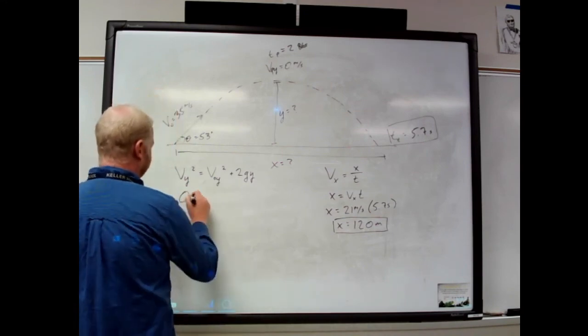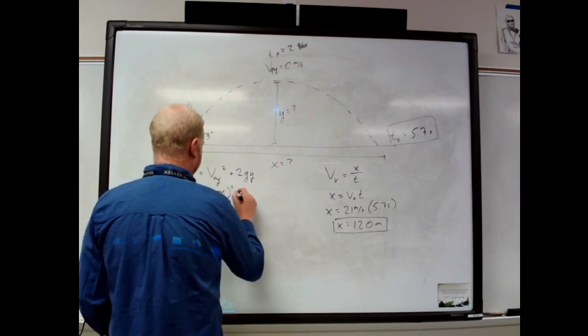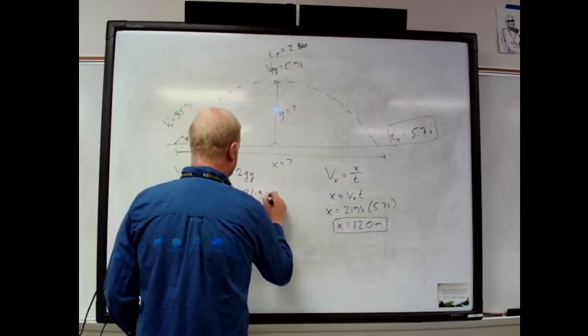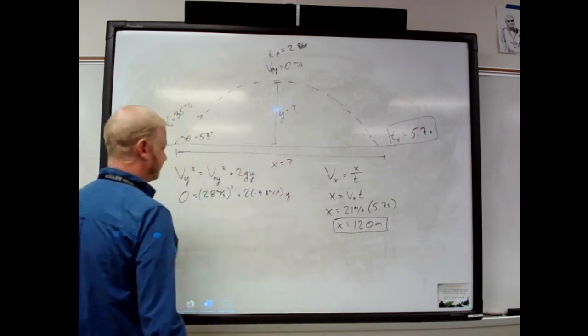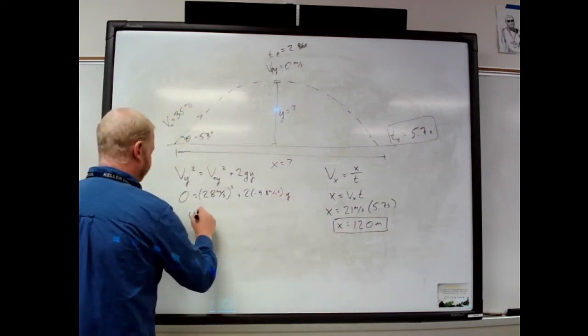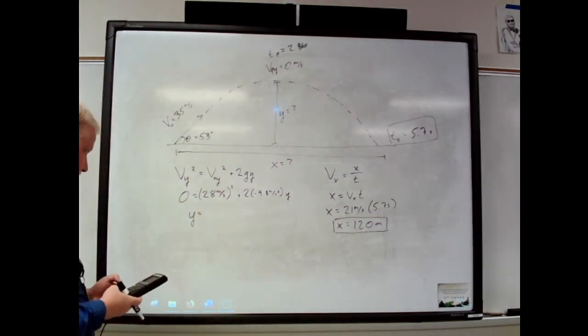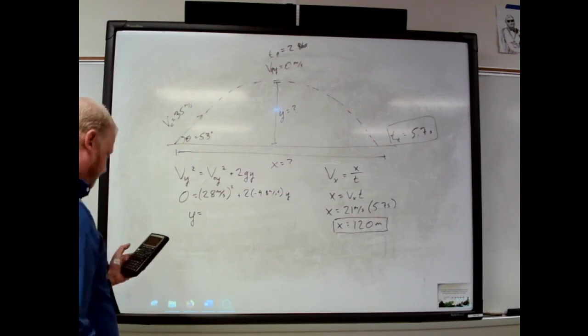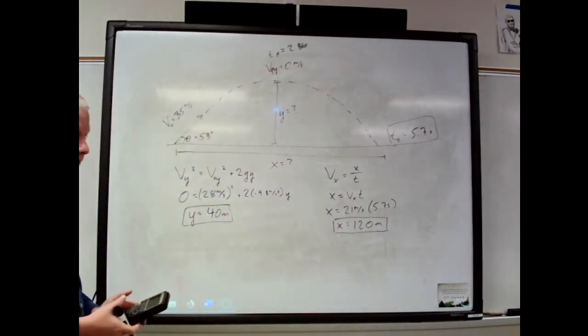So this would be 0 is equal to 28 meters per second squared plus 2 times negative 9.8 meters per second squared times our displacement. So if we solve that out, we get 28 squared, a vertical displacement of 40 meters.